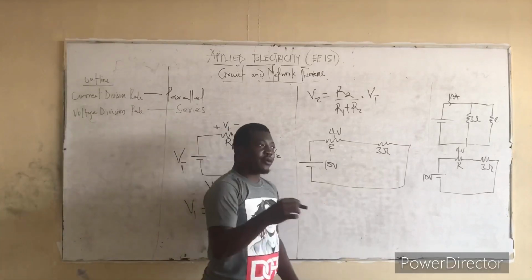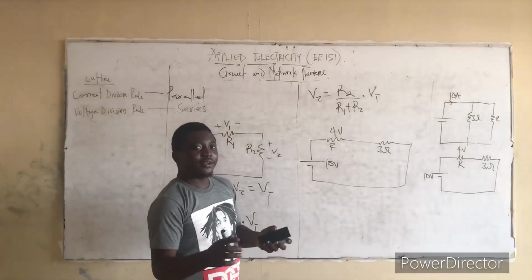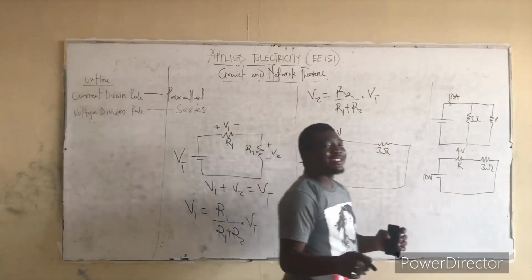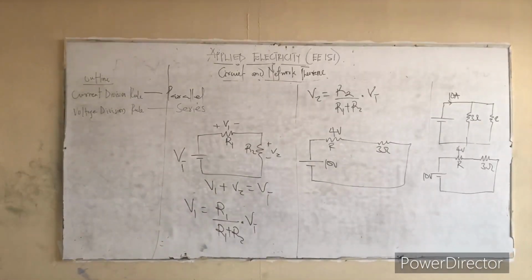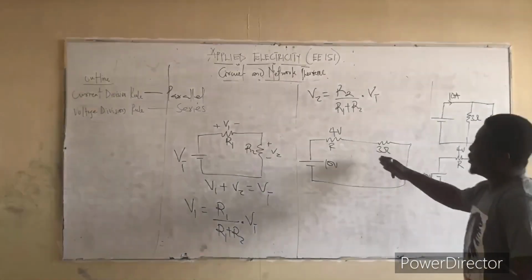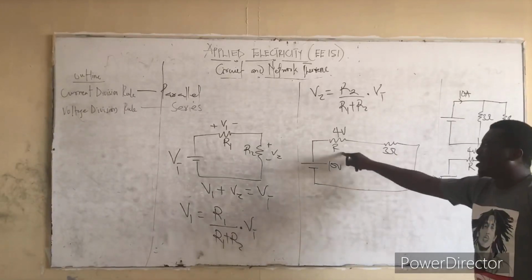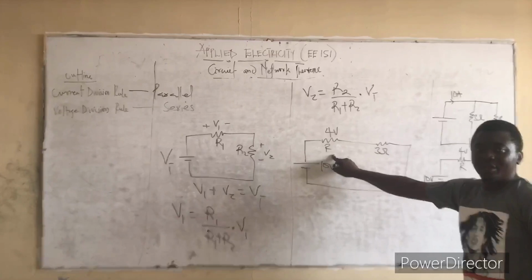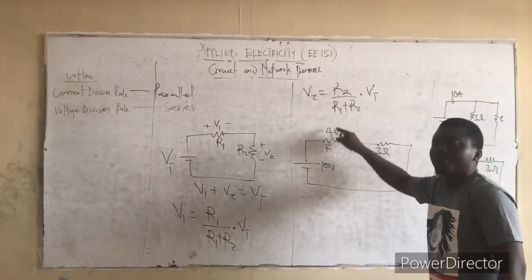But in order for the teachers to trick us, to prevent all the students from getting 100, they will trick you with such a question. They will give you one resistor, and the other resistor will be unknown. After giving you the unknown resistor, they will give you the voltage for the unknown resistor.